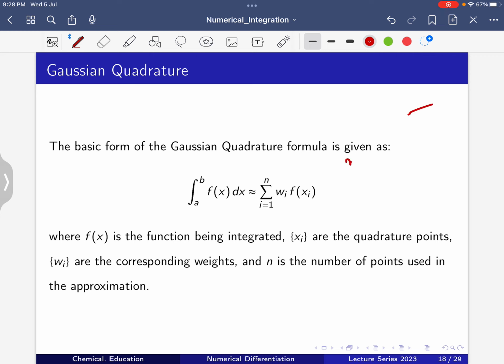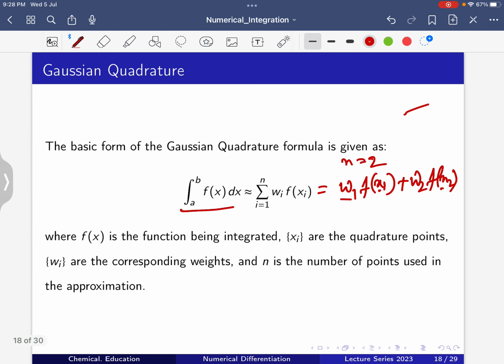Now if n is equal to 2, the formula will be w1 f(x1) plus w2 f(x2). We need to know x1, x2, w1 and w2. If we know that, then we can easily calculate the integral from a to b of f(x) dx, which I will discuss in the consecutive slide.